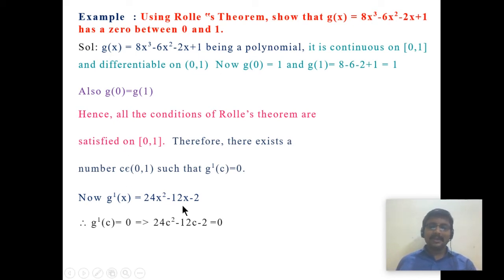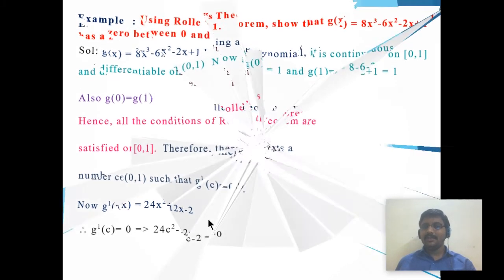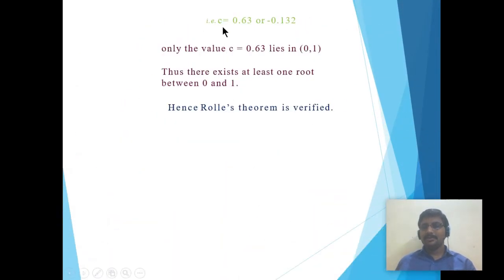So g dash of x value, now g dash of c is equated to 0. G dash of c is obtained by x replaced with c. So g dash of c is equated to 0, and solving this equation we will get c value. So two c values occurred here. One is 0.63 and another one is negative 0.132.